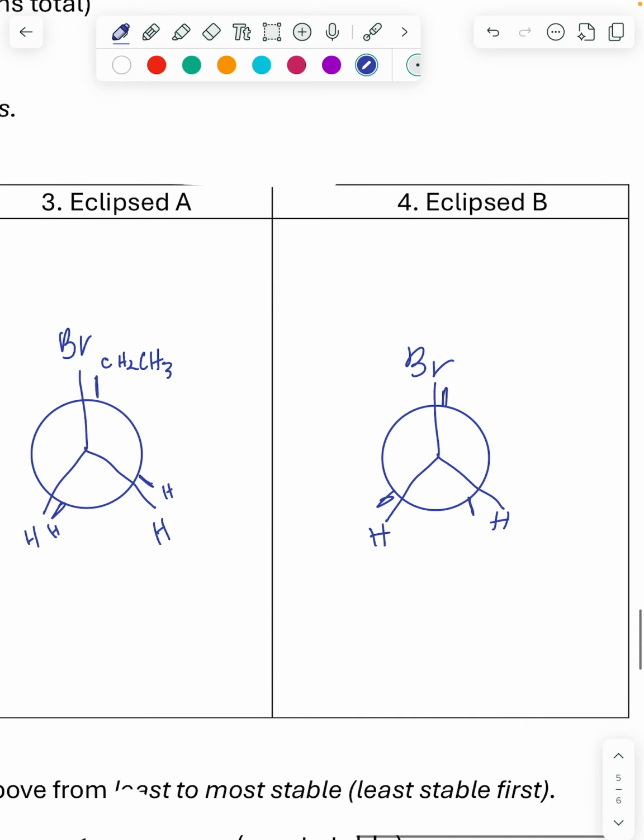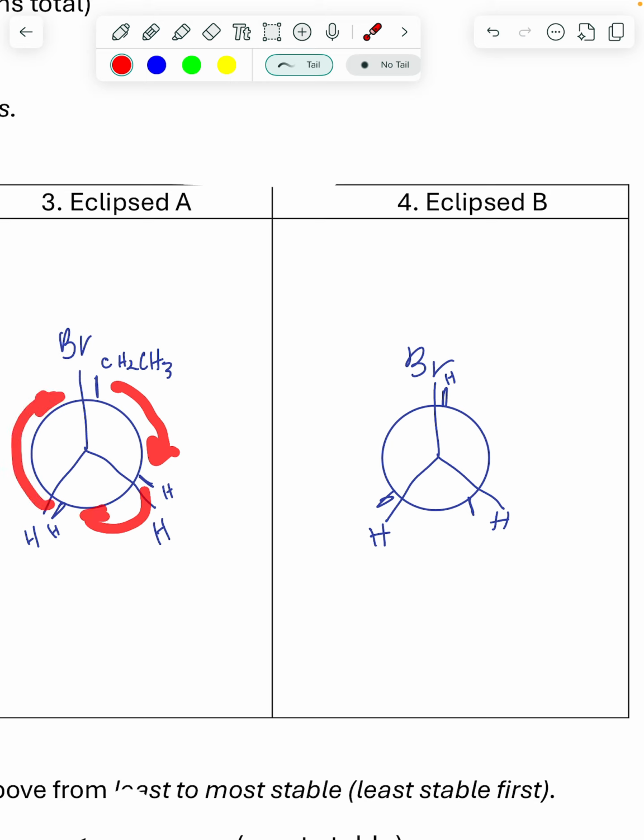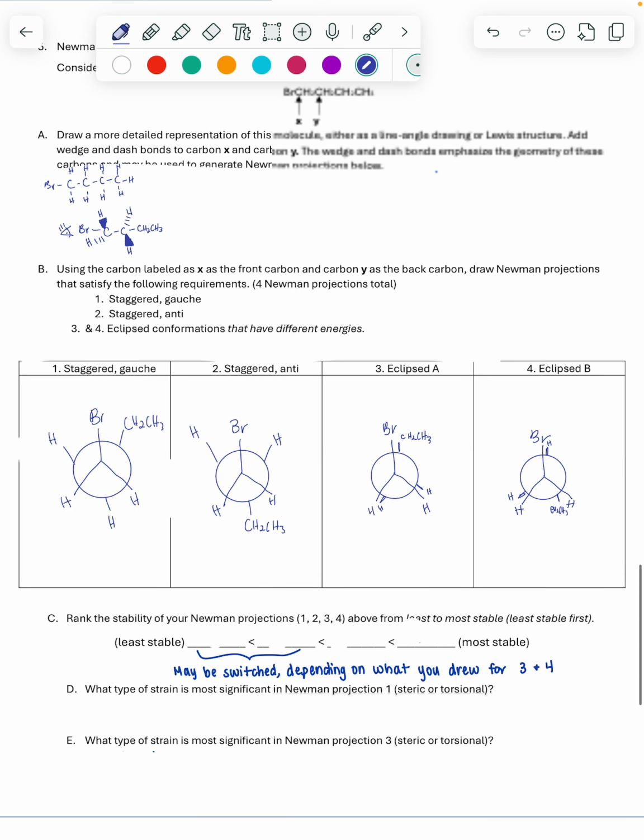Then we can put a hydrogen there, and technically we can rotate this whole thing 60 degrees. So this hydrogen would move up here, this ethyl group will move down there, and this hydrogen will move right there. Like I said, there are multiple ways to draw this, but these are just shown in the study guide.